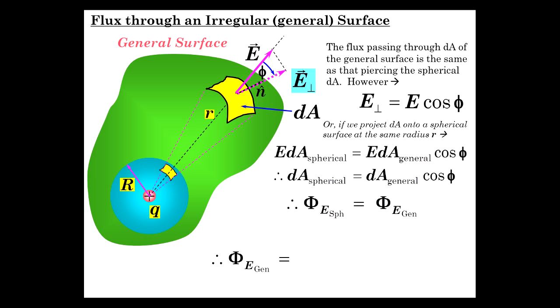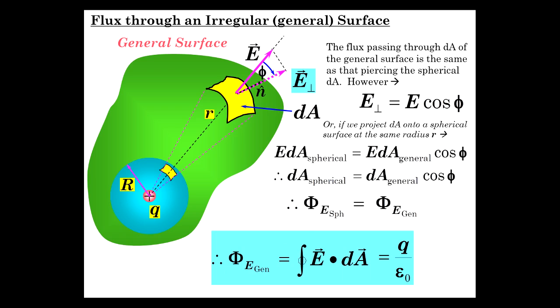And the flux through the general surface is the integral of E dot dA. So now this integral takes on real importance, because if we integrate the E field and dot it with the dA, again, that's changing everywhere around on the surface. This differential area element is pretty complex because it's changing everywhere, or it could be at least, unlike the surface of a sphere where the dAs are all the same.